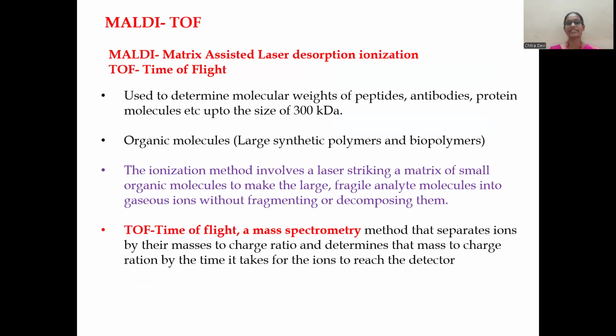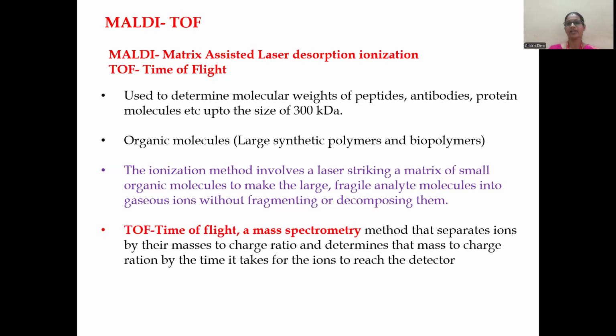Next we'll discuss one specific technique in mass spectrometry, that is MALDI-TOF. Here the ionization technique is MALDI and the analyzer is time of flight. So you can easily identify these two things specifically. This is one type of mass spectrometry.